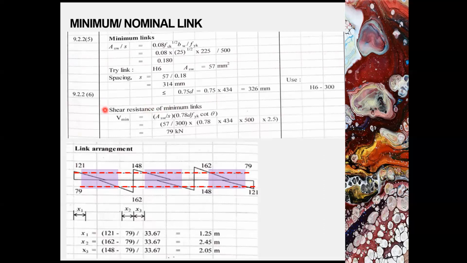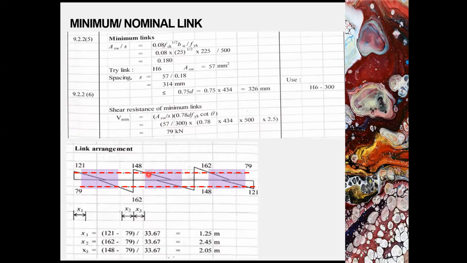The Asw over s ratio will be based on the provided link. The d is the effective depth. fyk will be the characteristic strength for the link, and the theta will be 22 degrees. So now we determined the shear resistance of this link H6 300 center to center is 79 kilonewton.